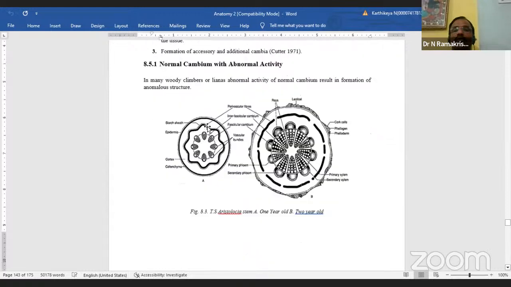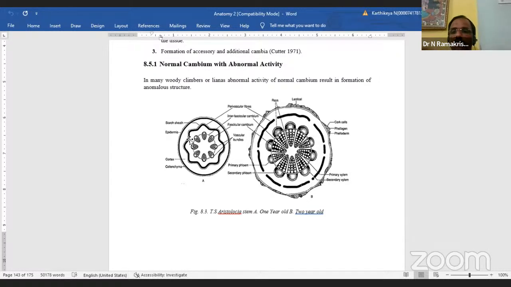So here now you see this one: normal cambium with abnormal activities. Here we are looking at the center part of the sections as normal, that is the vascular bundles.